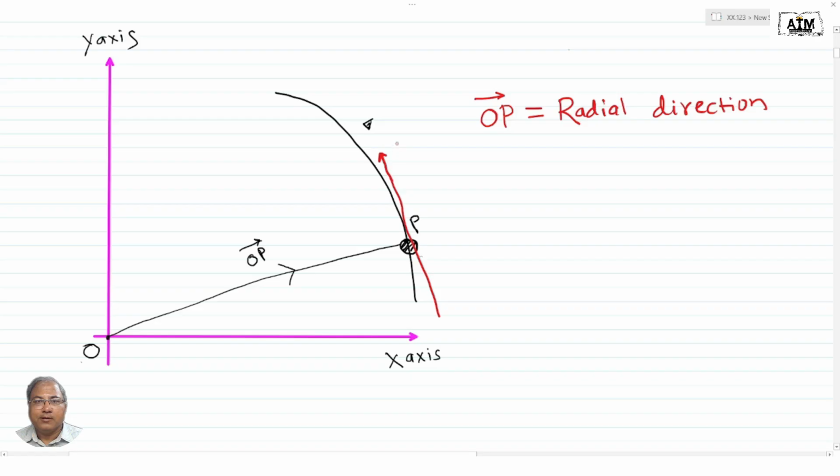Let us call it PC, so PC is perpendicular to OP. This direction perpendicular to OP is called the transverse direction. So there are two directions: one is the radial direction, another is the transverse direction.